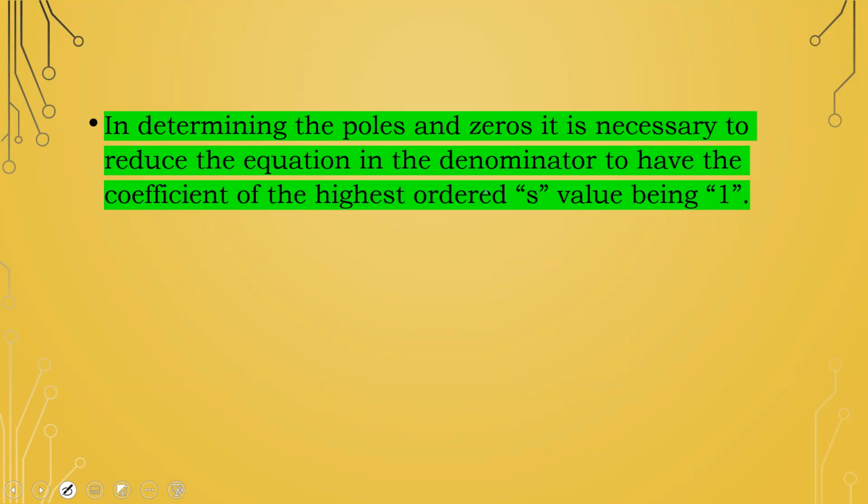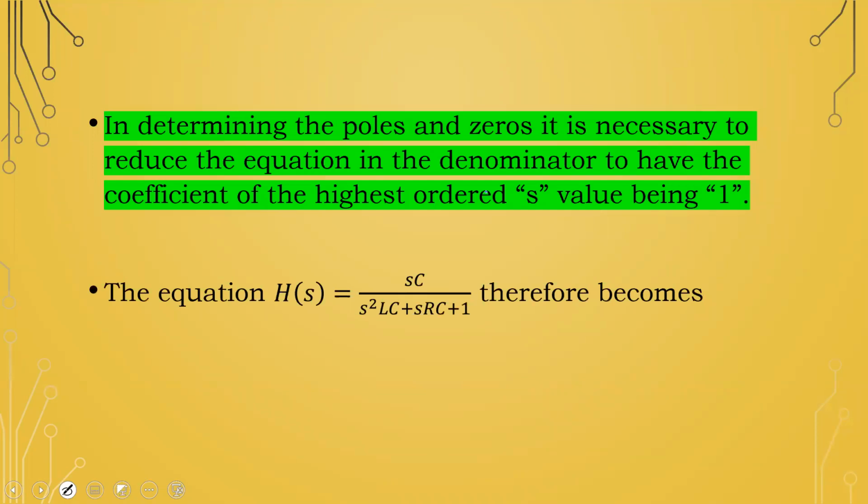Okay, so where do we go from here? For this equation, we would simplify it. If I'm making the coefficient of S squared 1, then I'll be dividing through by LC.